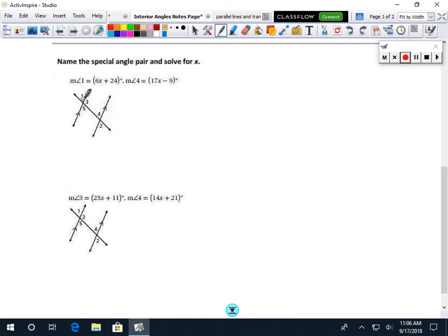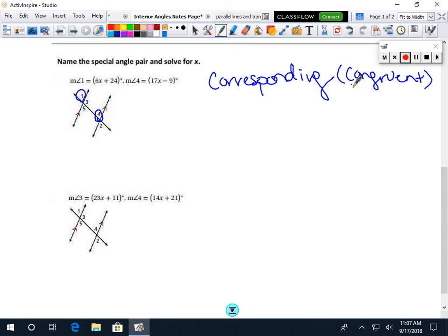These two angles are corresponding. And since they are corresponding, we know that they are congruent. Anytime they're congruent, that means that they are equal to each other.